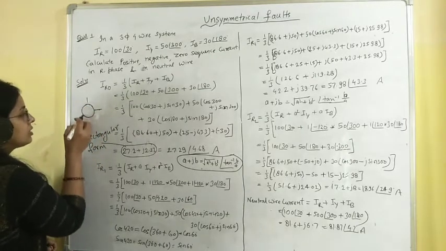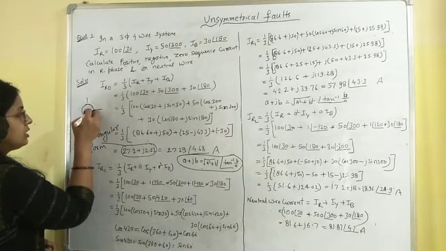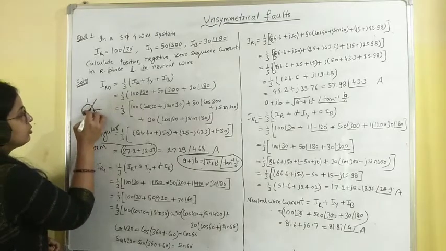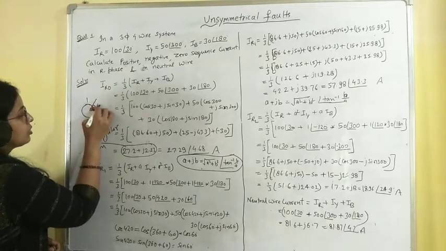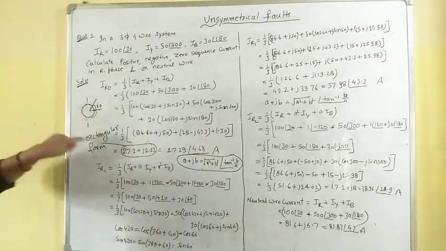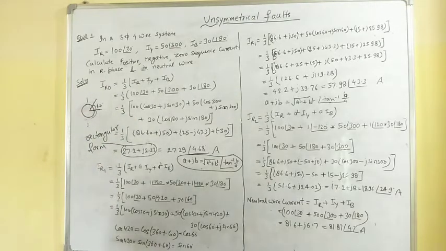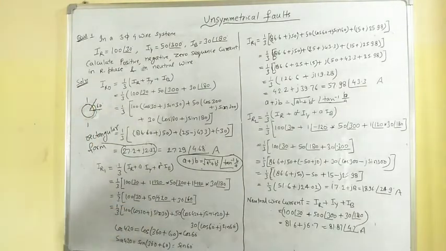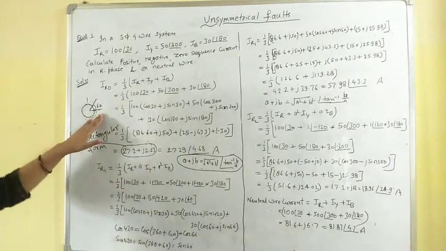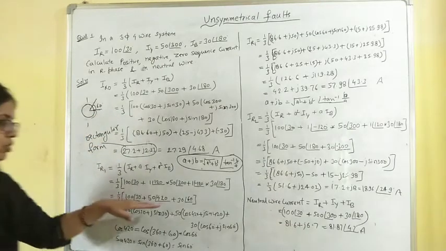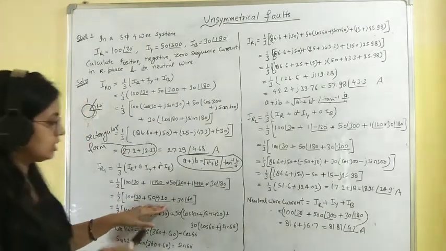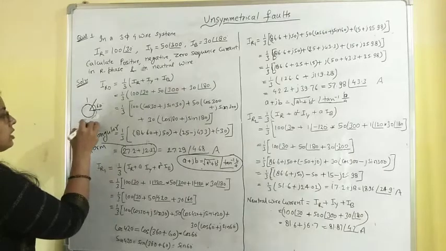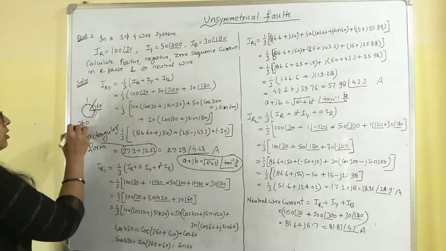So in place of 420 we can write directly 60 degree, because we have started again from 0 degree, or we can write the remaining part, minus 300.